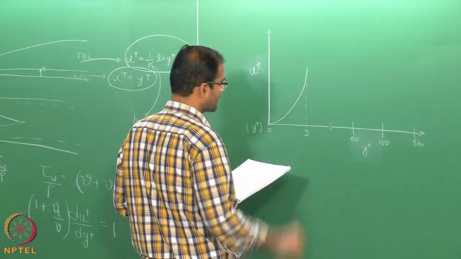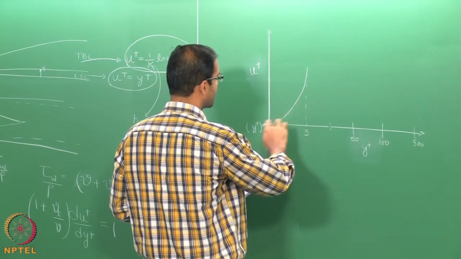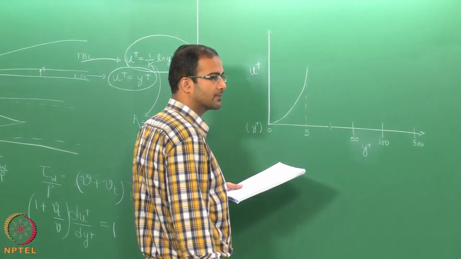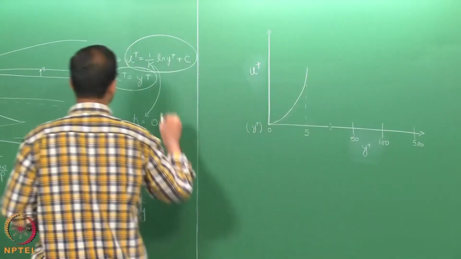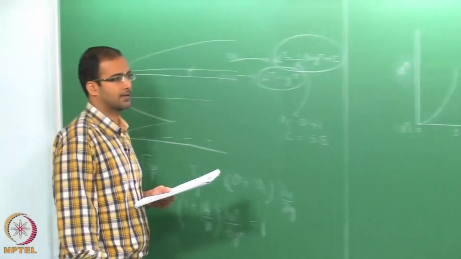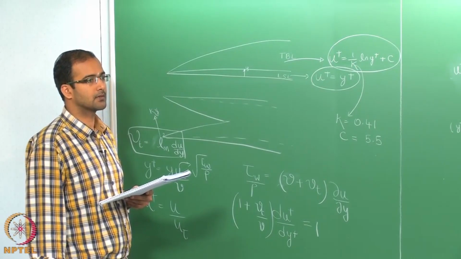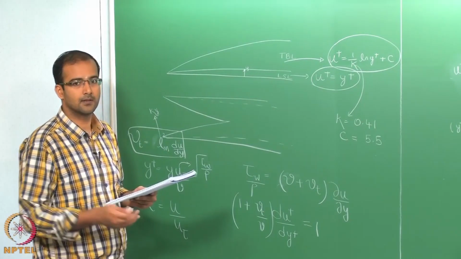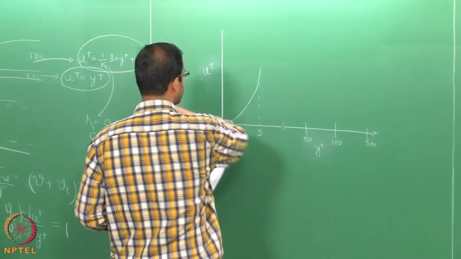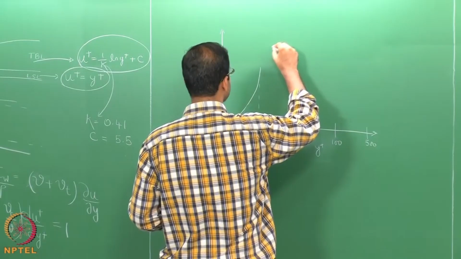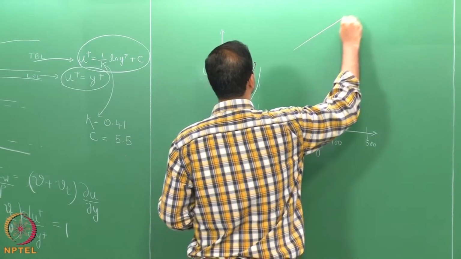So if you plot the linear profile, this will look like a curve on the logarithm scale of the x axis, and then if you plot the log profile here, u plus is equal to 1 by k ln of y plus. That will look like a straight line. Okay. But this will be a straight line from somewhere like this.